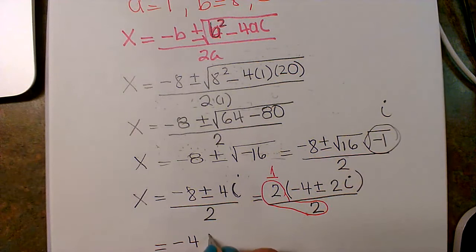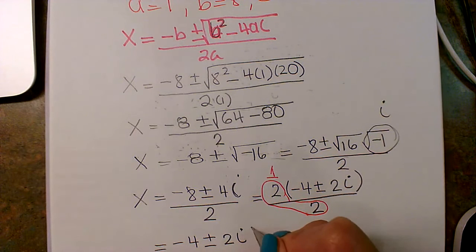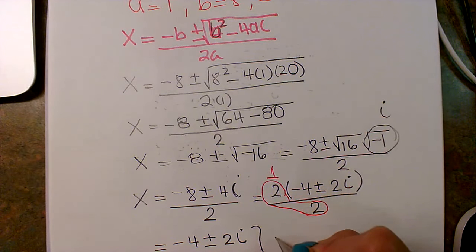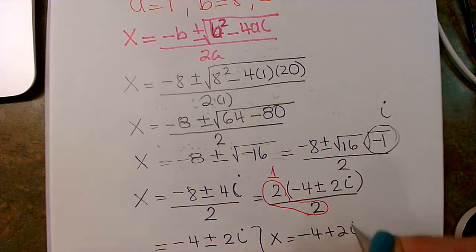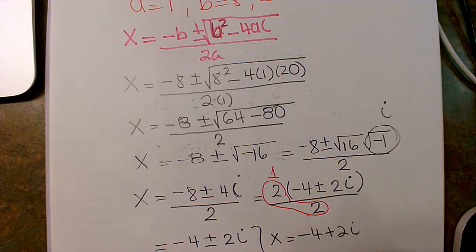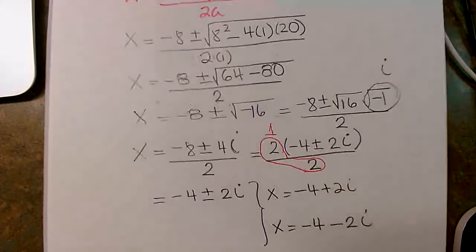So I have negative 4 plus or minus 2I. So my answer is going to be, one is going to be negative 4 plus 2I, and the other one is going to be negative 4 minus 2I.